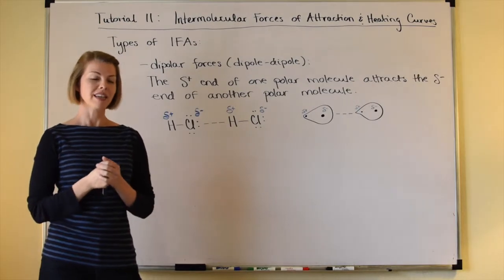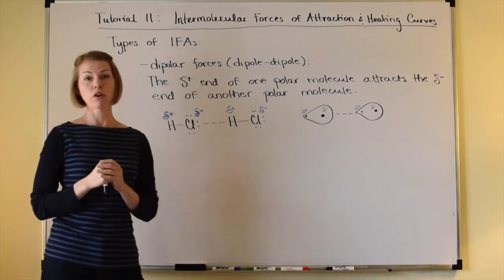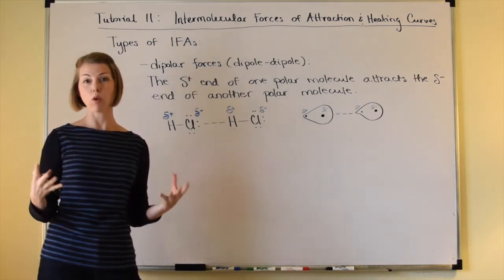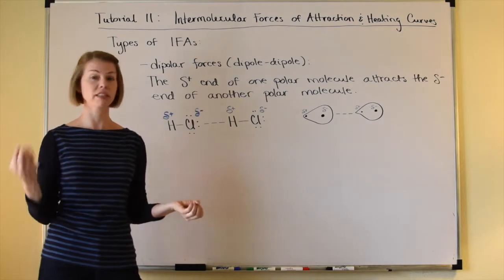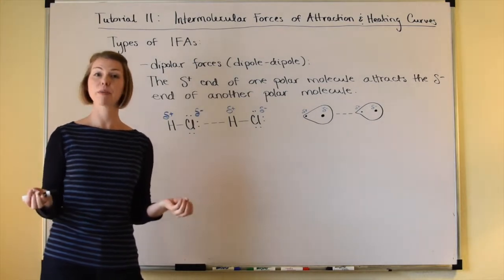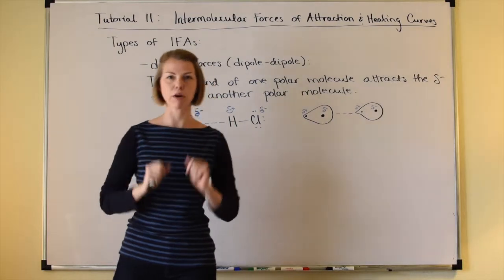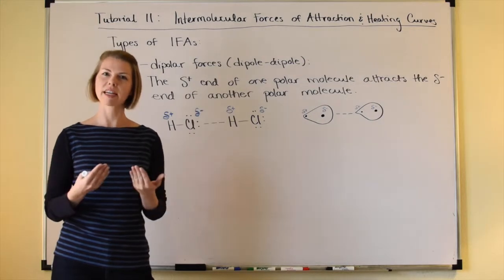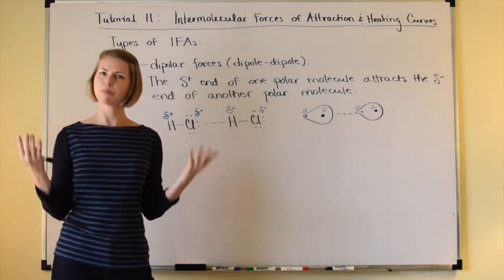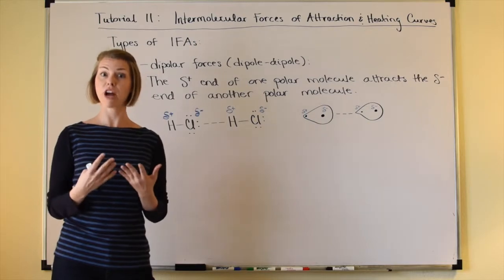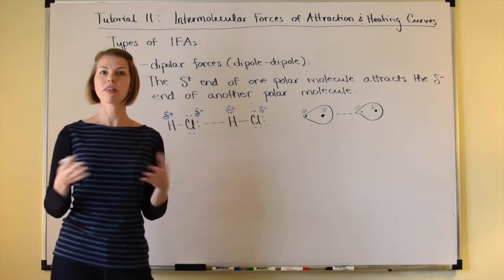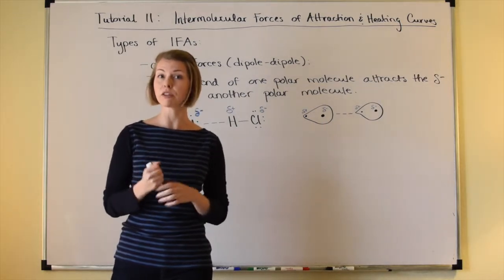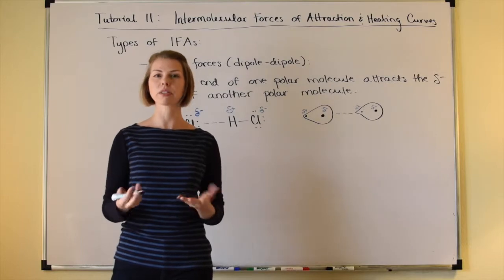Now, that being said, this is for polar molecules only. This describes the attractive forces that would exist between polar molecules, which have partial positive and partial negative charge buildup. Nonpolar molecules do not have partial positive and partial negative charge buildup. So how do nonpolar molecules attract? We know that some nonpolar molecules have pretty significant intermolecular forces of attraction because there are nonpolar molecules that are solids at room temperature and atmospheric pressure, indicating very strong intermolecular forces of attraction between the molecules.